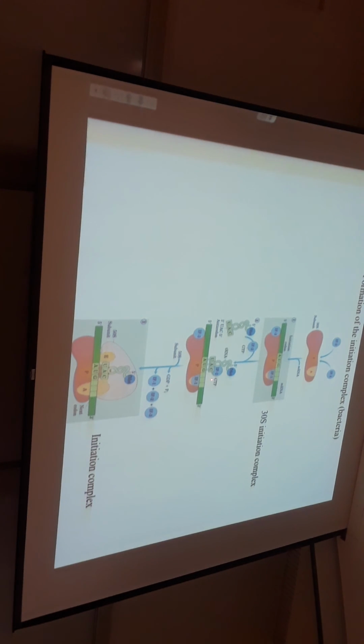Okay. Now to this complex here of the small subunit, these initiation factors, the mRNA and of N-formylated methionine tRNA, binds the 50S subunit. Okay. And GTP is hydrolyzed to GDP, so we actually consume 1 ATP equivalent here.